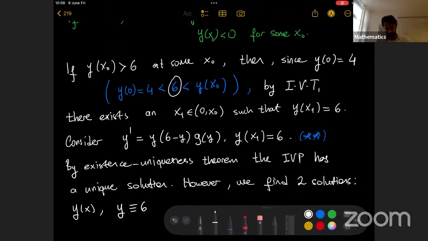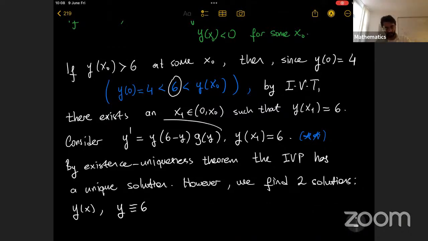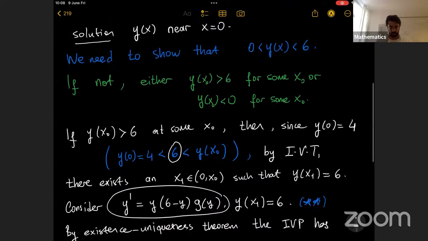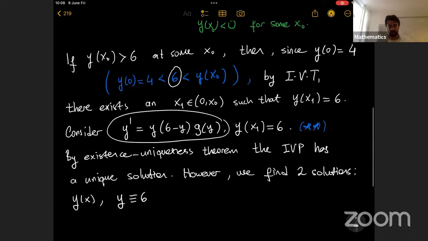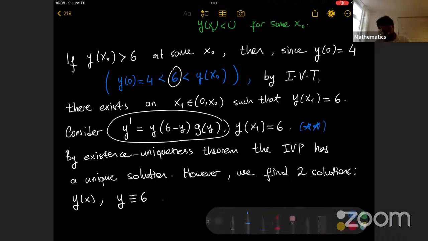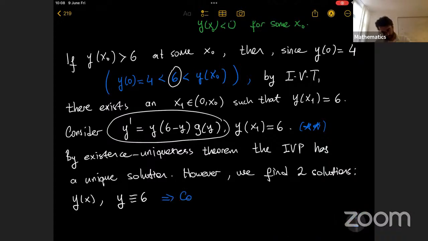Initial condition'da da her yerde 6, dolayısıyla x1'de de 6. Ama yukarıdaki bulduğumuz çözüm de bu denklemi çözüyor. Dolayısıyla bu denklemin 2 tane solution'ı oldu, ama existence uniqueness'tan dolayı bir tane olacaktı. Demek ki bu bir çelişki. So it's a contradiction.